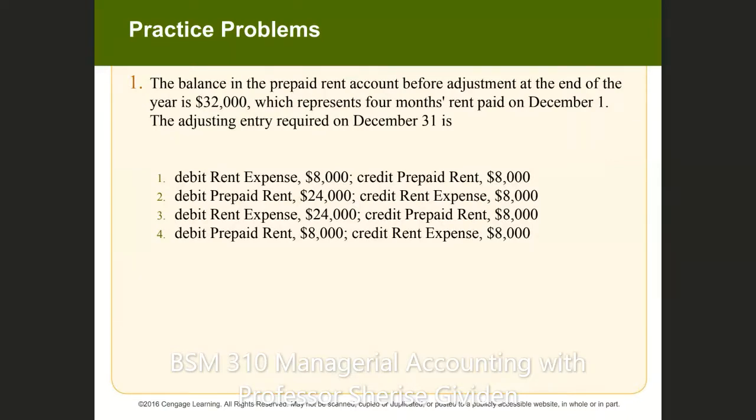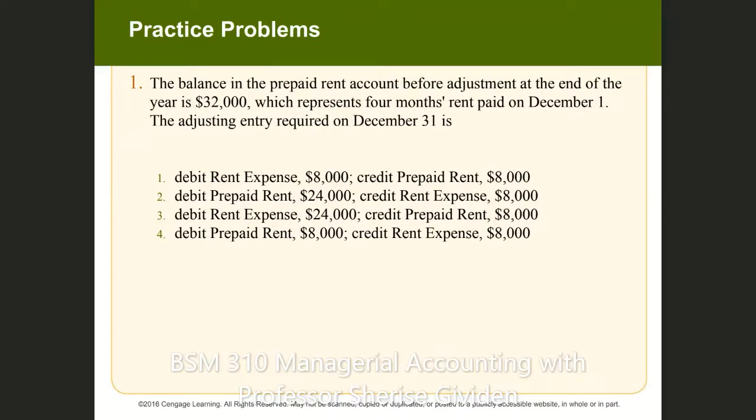So we know that 4 months of rent is 32,000. This is the balance before the adjustment. Rent is paid on December 1st. The adjustment that's required is December 31st. That's when we're making the adjustment. This is the balance prior to the adjustment.